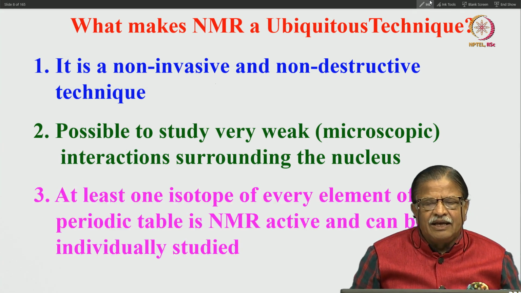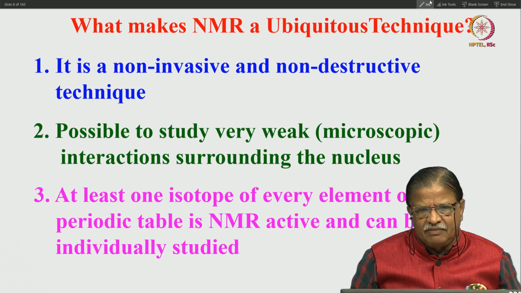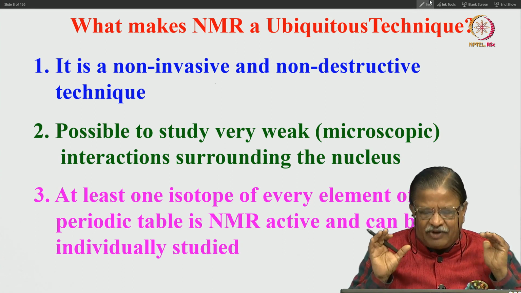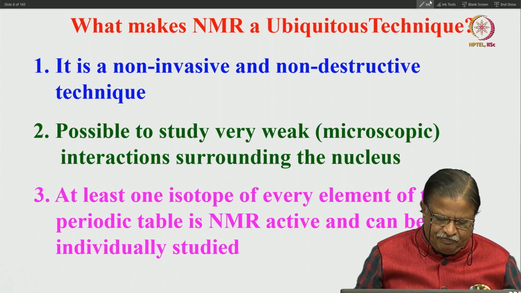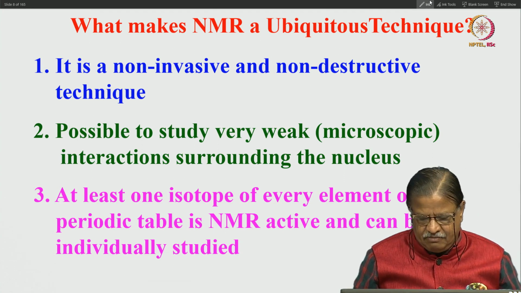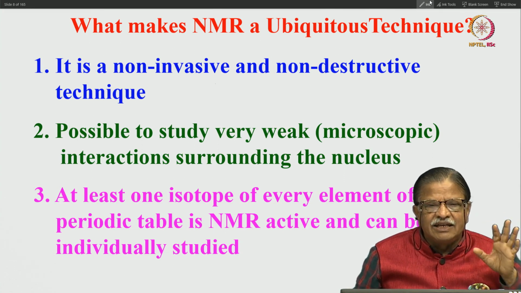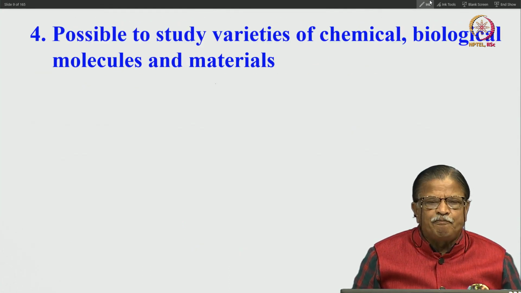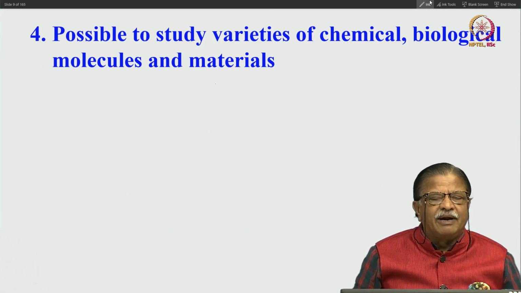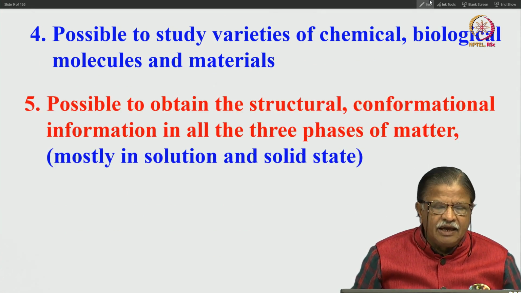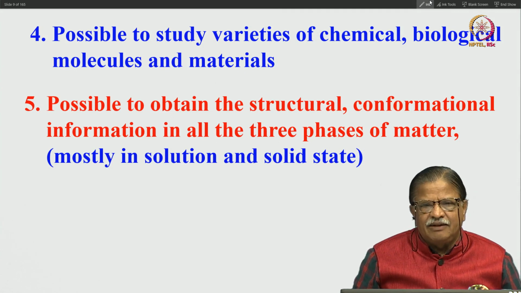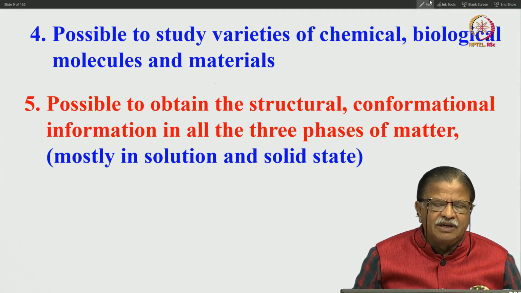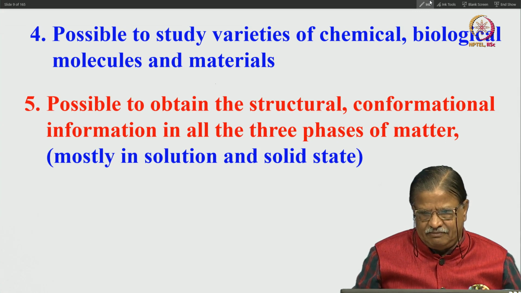And if you go to the periodic table, at least one isotope of every element of the periodic table is NMR active and can be individually studied. It is possible to study a variety of chemical and biological molecules and even materials. It is possible to obtain structural and conformational information in all three phases of matter.